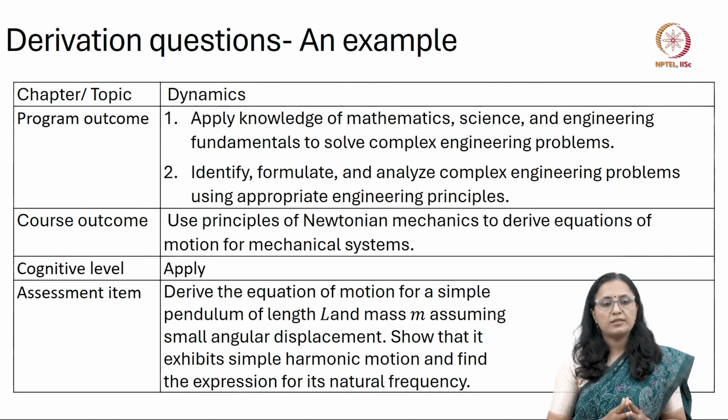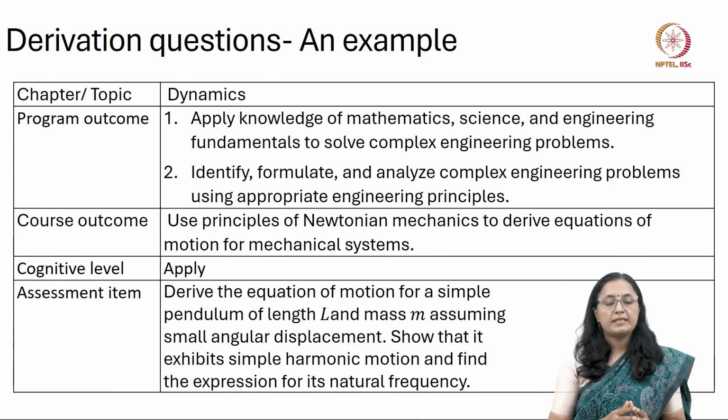Now, in this question, the student is expected to derive the equation of motion for a simple pendulum of length L and mass m, assuming small angular displacement. Show that it exhibits simple harmonic motion and find the expression for its natural frequency. Now, in this case, what are we trying to assess?